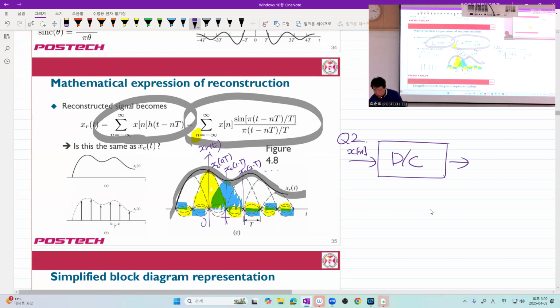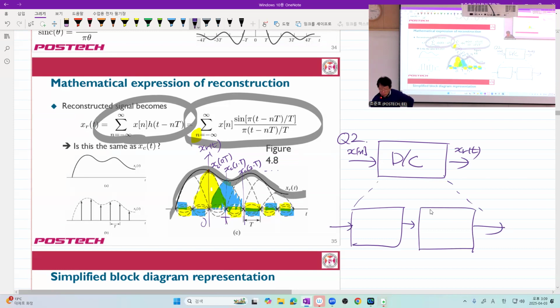Here, DT to modulated impulse train. Actually, you reverse what occurred in the C to D converter in the two-stage representation.